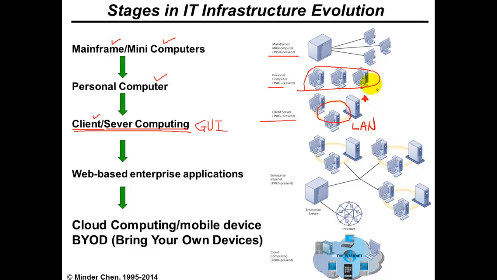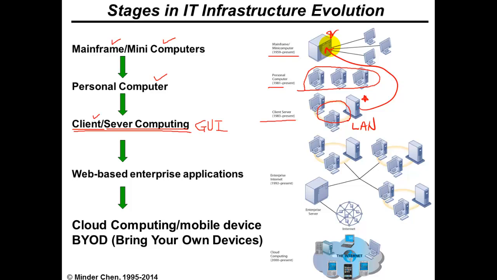And certainly there is a high-end server running. The server can be a more powerful PC-grade computer. It can actually be a mini or mainframe computer hooked up to the network.